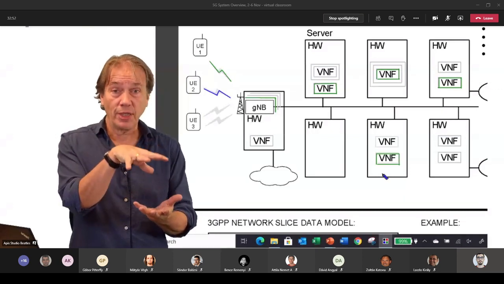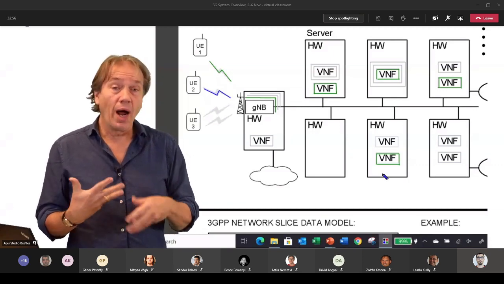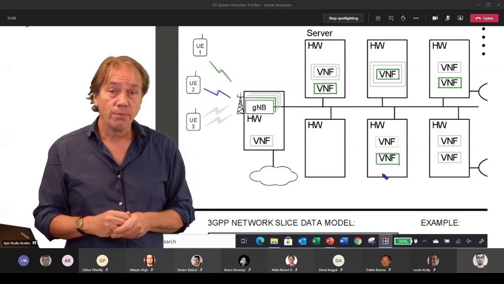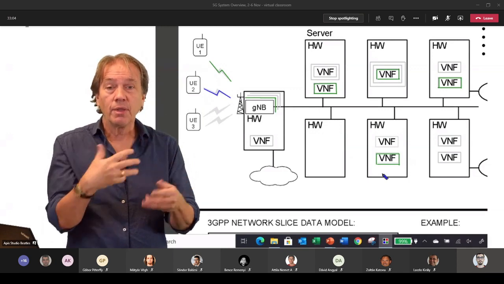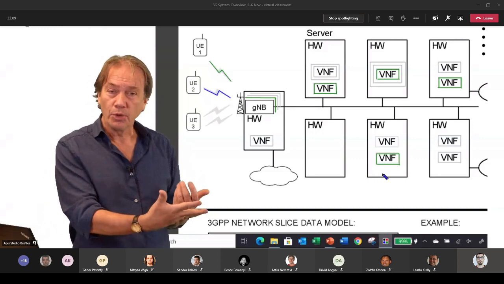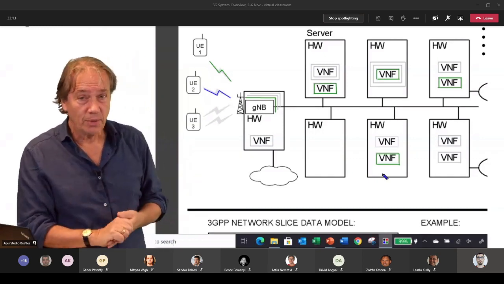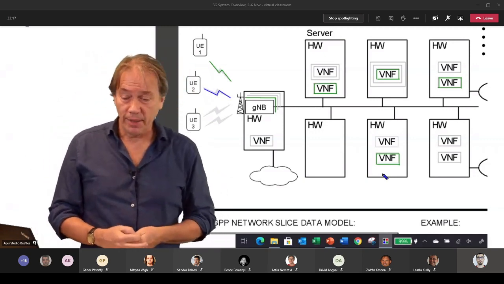That would be a static resource allocation. For other types of network slices, it might be okay, and also very logical, to use more or less radio resources. The yellow slice can borrow resources from the brown slice, and so on. So resource allocation can be either static or dynamic.